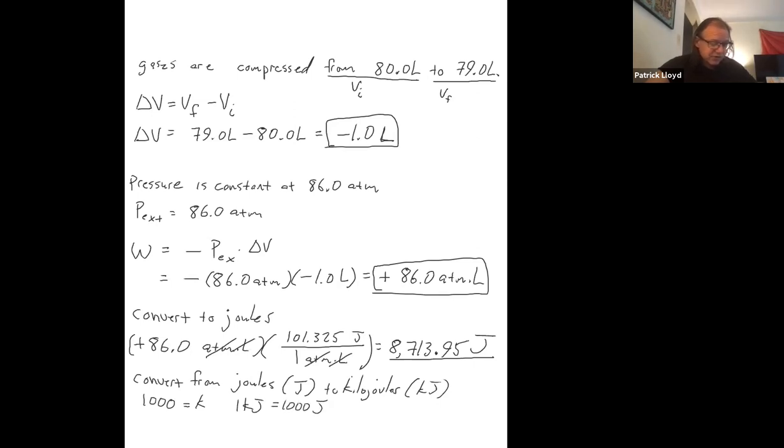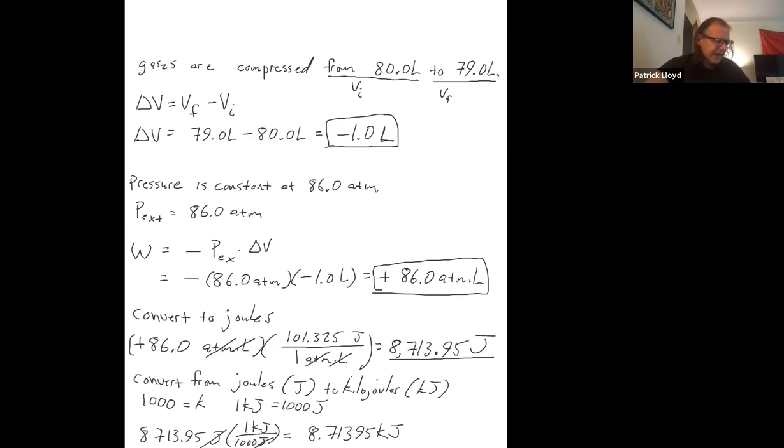So if we take our 8,713.95 joules and convert it to kilojoules, put the kilojoules in the numerator and the joules in the denominator, that way you're dividing by 1,000. You get 8.71395 kilojoules.